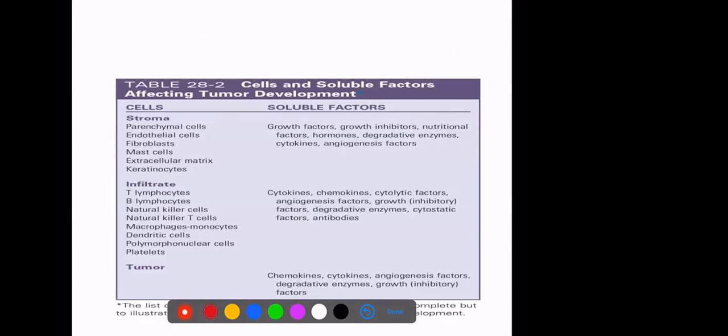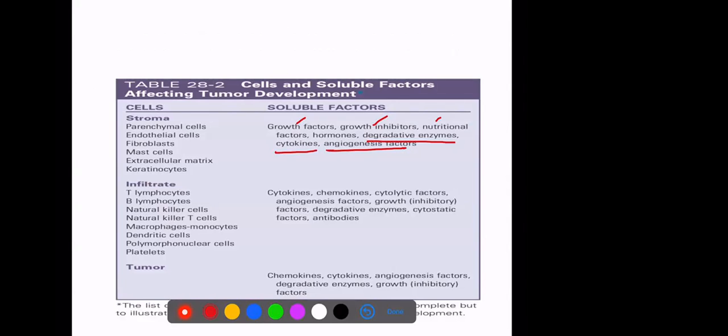So these are all the cells, and these are all the factors secreted in stroma. Different types of cells are there, and the factors are growth factors, growth inhibitors, nutritional factors, angiogenesis factors, cytokines, and degradative enzymes. All are secreted, and the stroma communicates with the tumor cells, and finally they decide whether the tumor is going to grow or not.